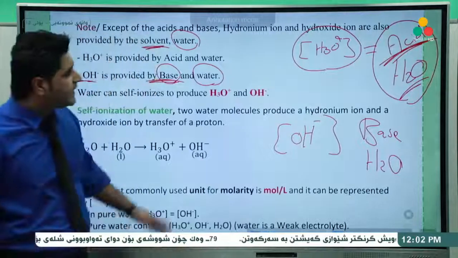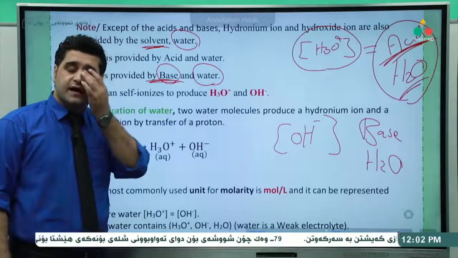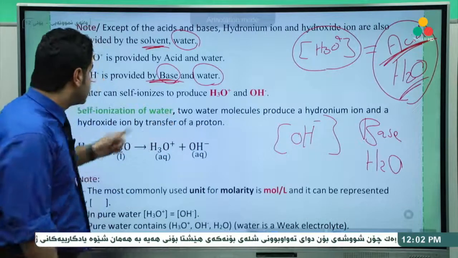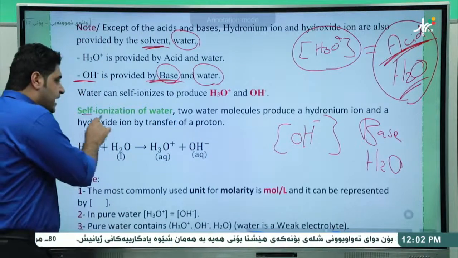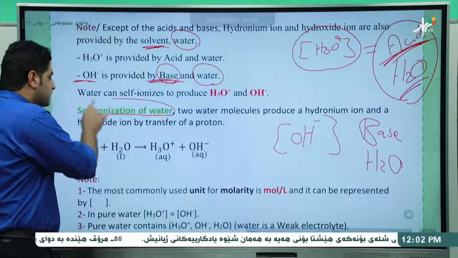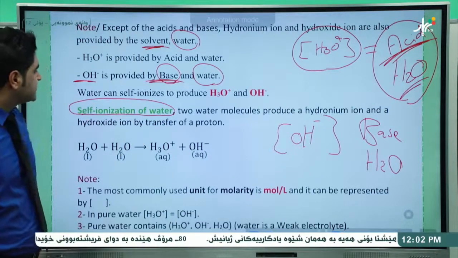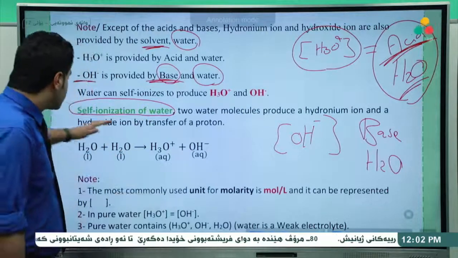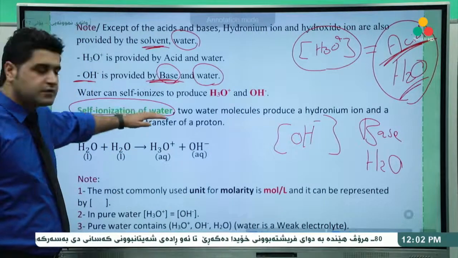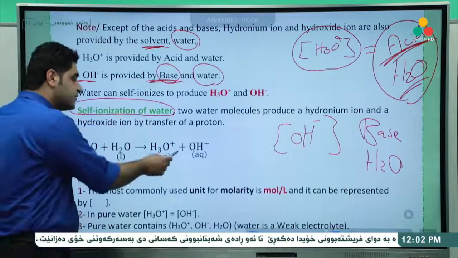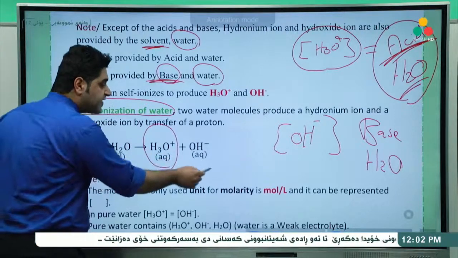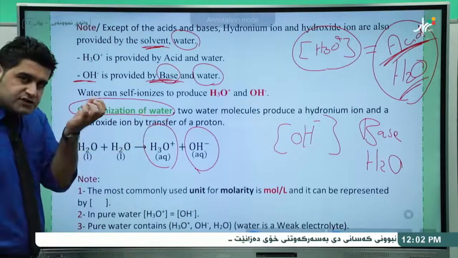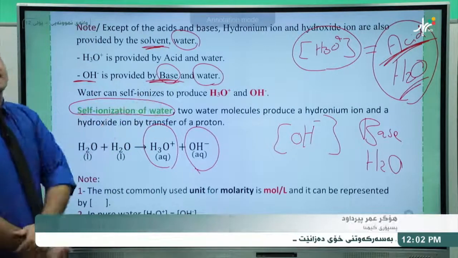Well, how can we get the hydronium ion and the hydroxide ion from the water? There is a self-ionization reaction for the water. What is the self-ionization of water? Through this process, water releases hydronium ion and hydroxide ion.